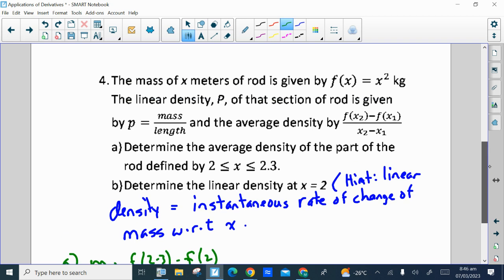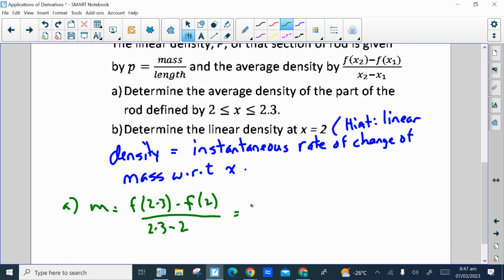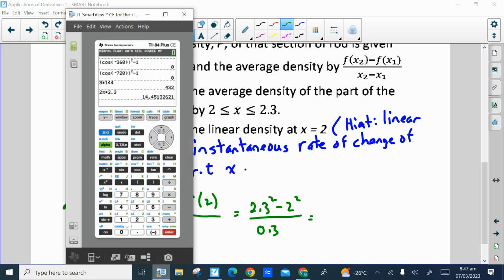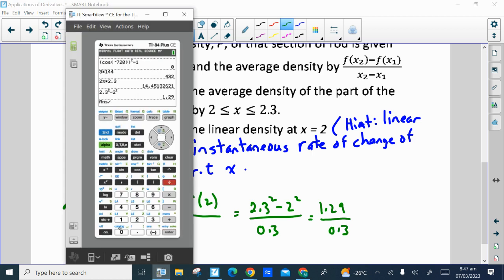So if we use the formula above, f at x equals x squared. So it'll be 2.3 squared minus 2 squared all over 0.3. 2.3 squared minus 2 squared is 1.29, which is then divided by our 0.3, which gives us 4.3.